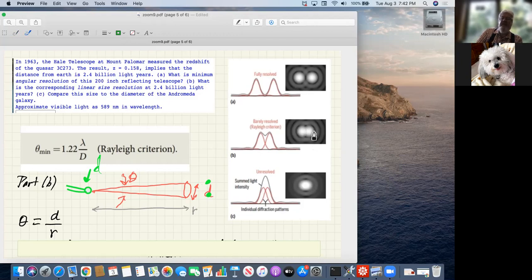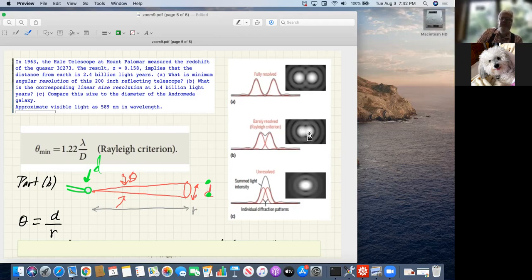And there's a characteristic distance where I can just barely tell that there's a difference. That's called the Rayleigh Criterion.